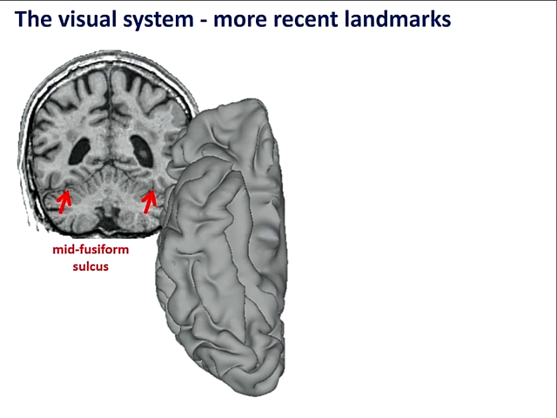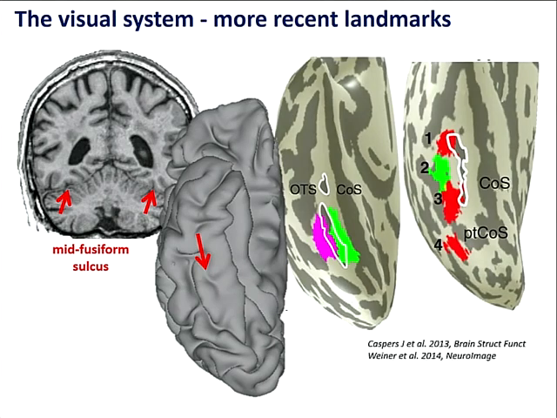If you try to identify it, it's the so-called mid-fusiform sulcus, because it's located within the fusiform gyrus. And if you try to locate it here within this fusiform gyrus, this is the one over here, you can barely see it because the reconstruction is so shallow, this sulcus. But why is it interesting?